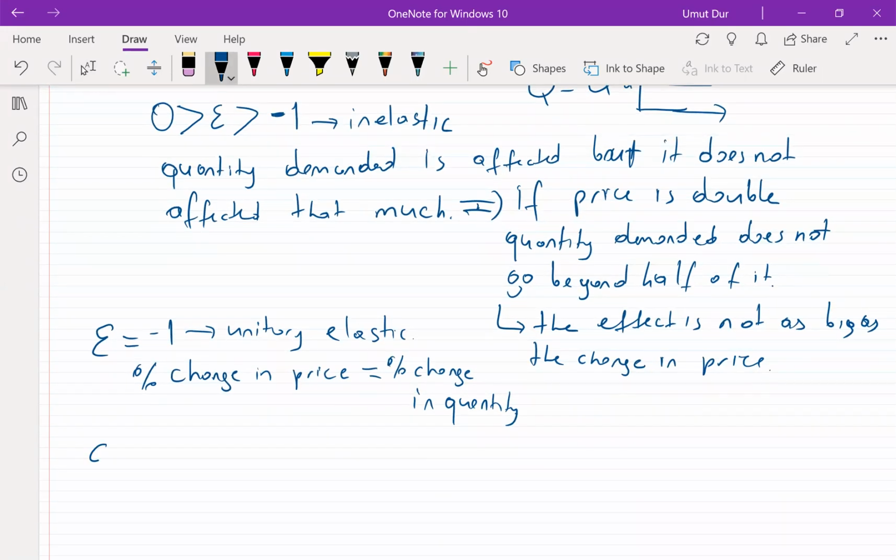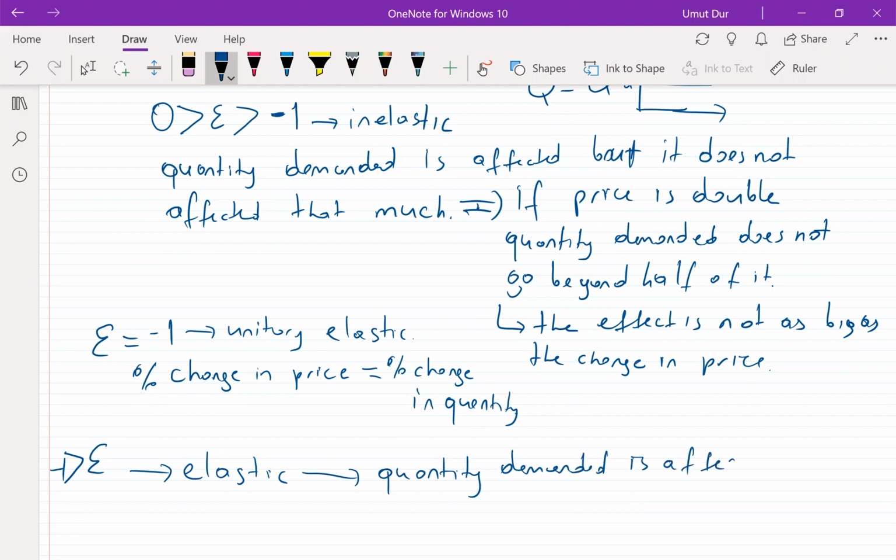And if elasticity is less than -1, then we call it elastic. In this case, quantity demanded is affected more than the change in the price.